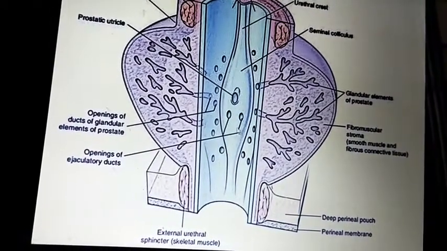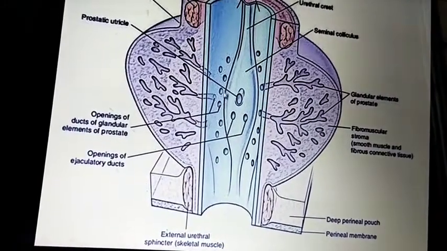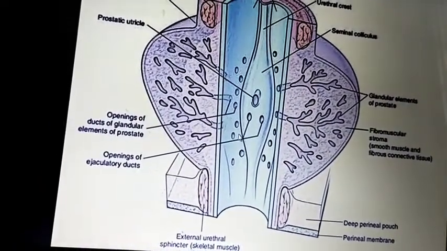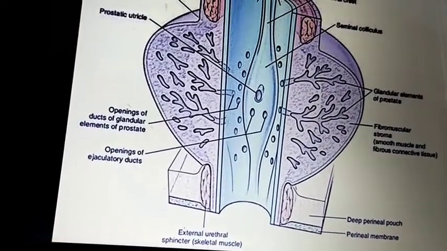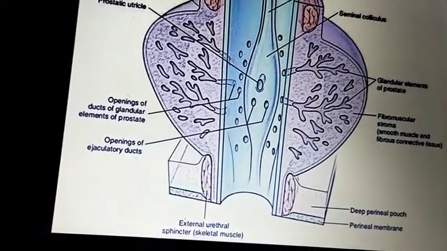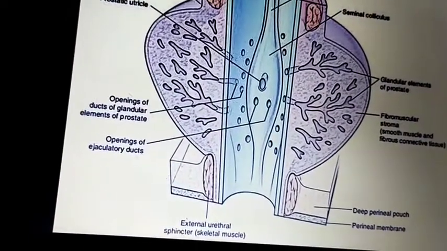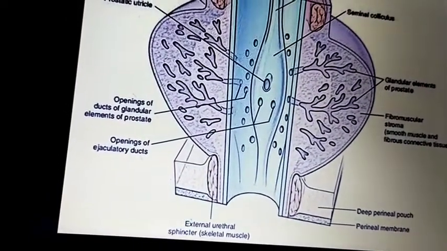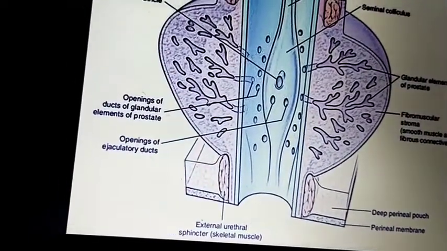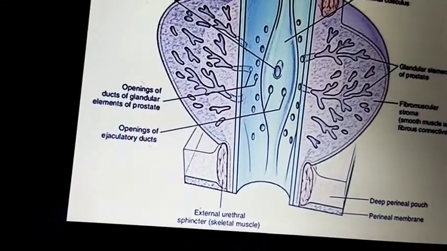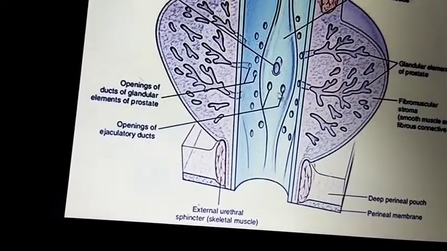That dilated part of the urethral crest is the verumontanum, or seminal colliculus. In the verumontanum there are some openings. The major central opening is the prostatic utricle, and further two openings are the openings of the ejaculatory ducts.